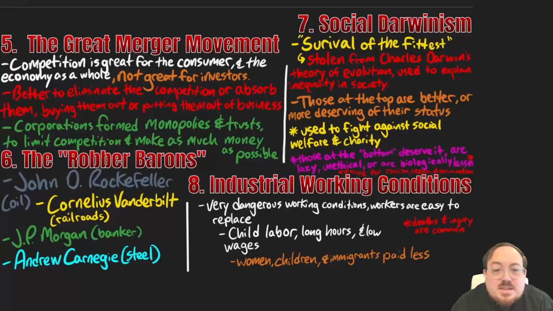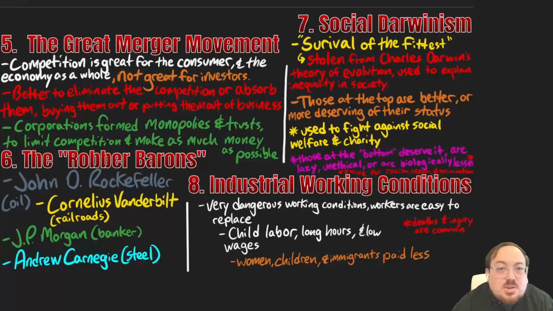Because one of the things that Smith argued about capitalism that was good is that there would be competition, that there would always be people trying to produce cheaper products and produce better products so that people would buy them instead of the other product.